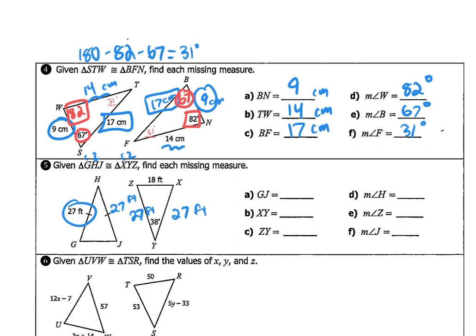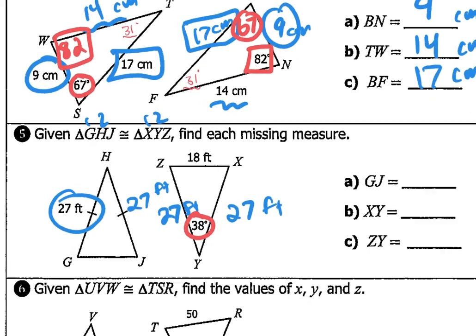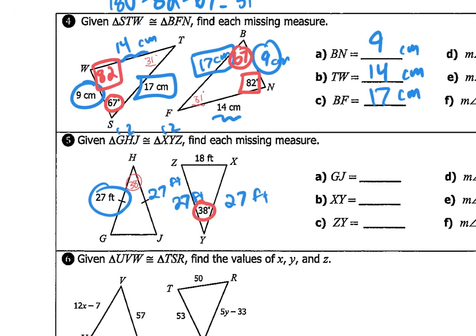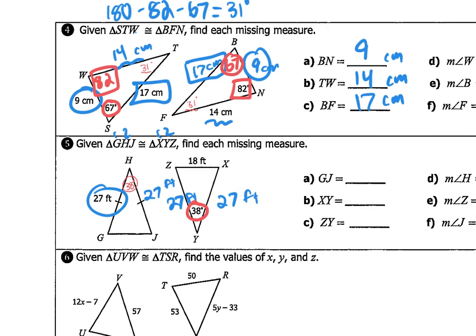Then with the angles, I know that angle Y here matches up with angle H over here in this triangle. Okay. And then for the remaining angles, I need to know a thing or two about isosceles triangles. We've talked about this a couple times in class.